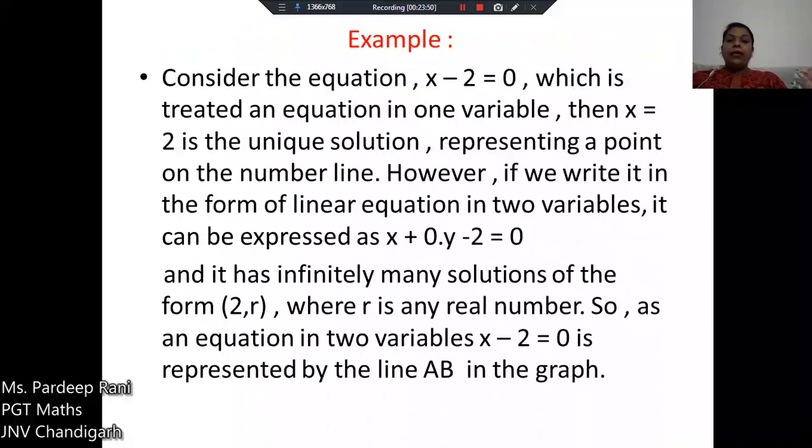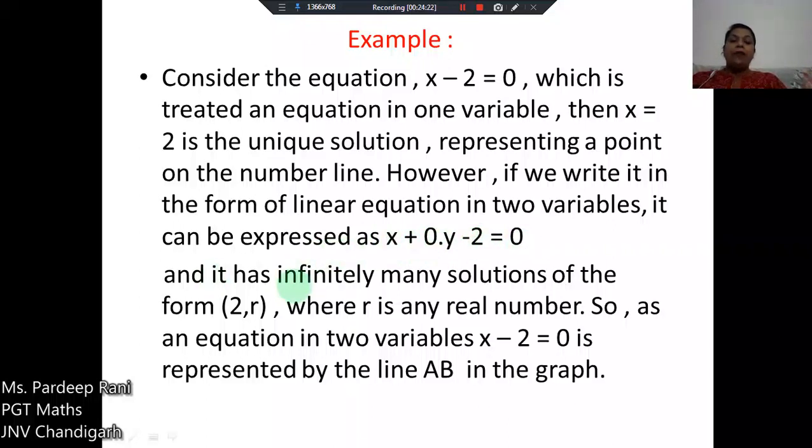We are taking one example. Consider the equation x minus 2 equal to 0, which is treated as an equation in one variable. So, x equal to 2 is its unique solution and it will represent a point on the number line. But as we are having the topic of linear equation in two variables, it can also be expressed as x plus 0 into y minus 2 equal to 0.